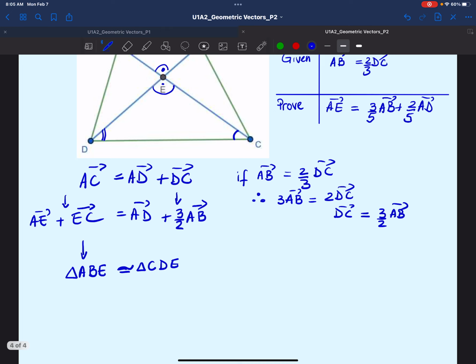So now that we have stated the similarity of triangles, we can build the ratios. And look at how easy it becomes to state the ratios now that we have ordered the angles respectively. So AB over CD, and we're only talking about their magnitudes, obviously, so the lengths, equals BE over DE.